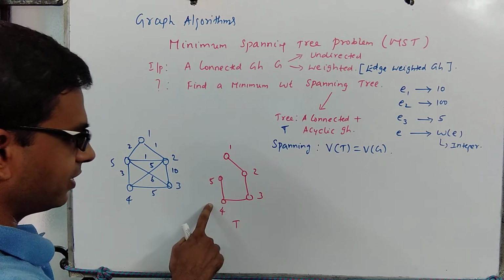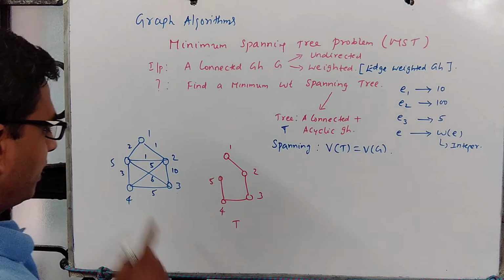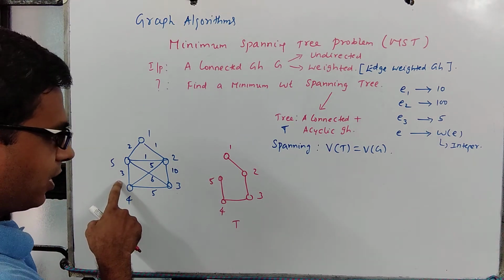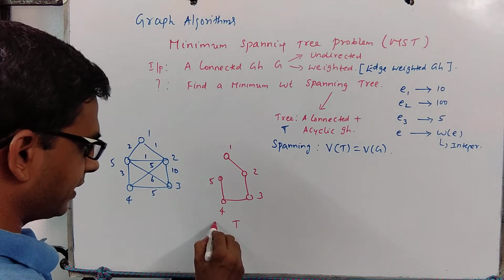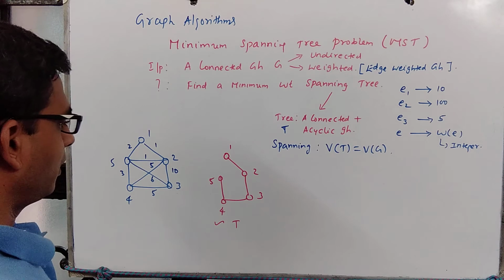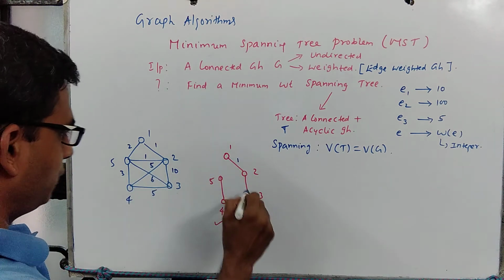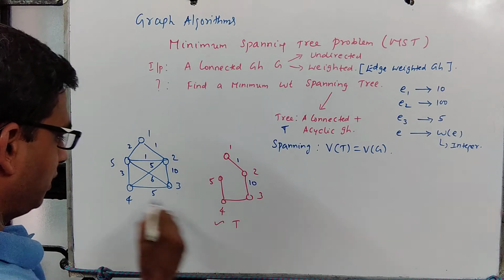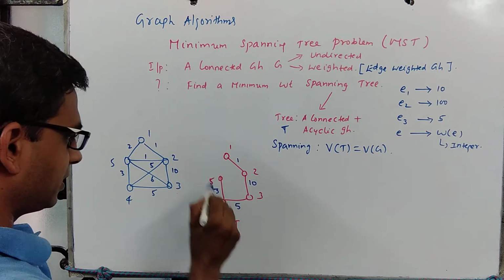It is connected and acyclic. There are no cycles here, and it contains all of G. There are 5 vertices here and there are 5 vertices here. So this one is a spanning tree. What about the weights? This one is 1 and 2, 3 is 10 and this one is 5. This one is 3.